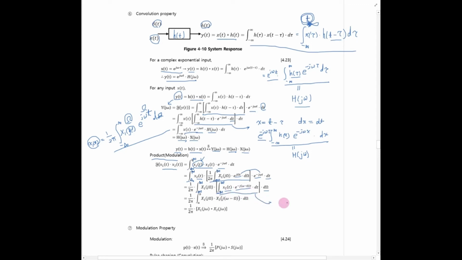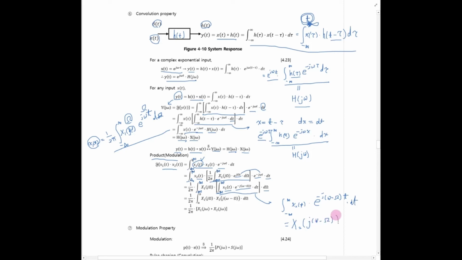In this integration, we can write minus infinity to infinity x2(t), a time domain function, times e to the minus j (omega minus capital Omega) t dt. Then this becomes X2(j (omega minus capital Omega)).